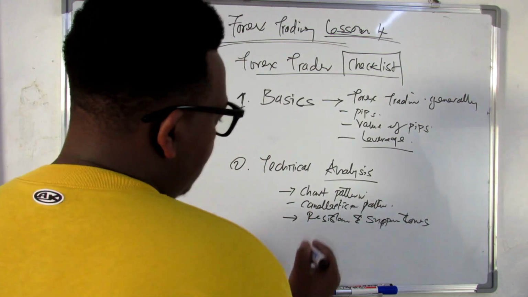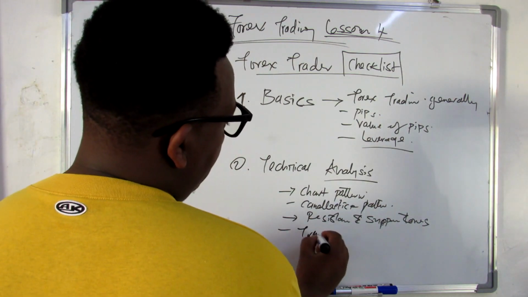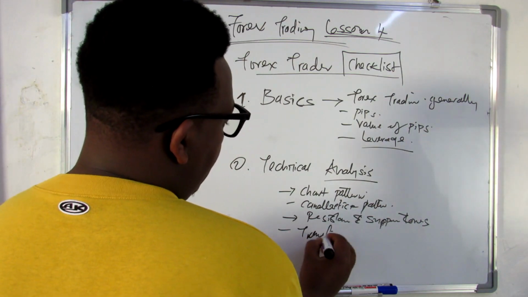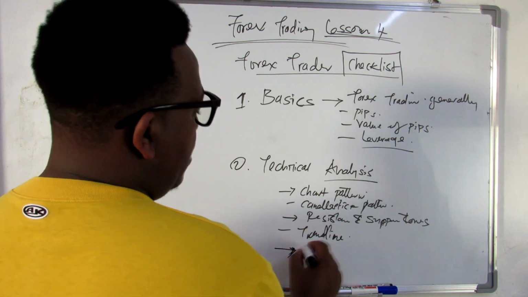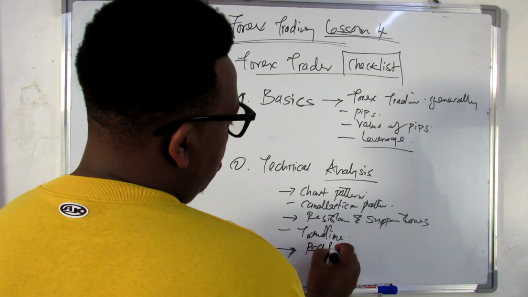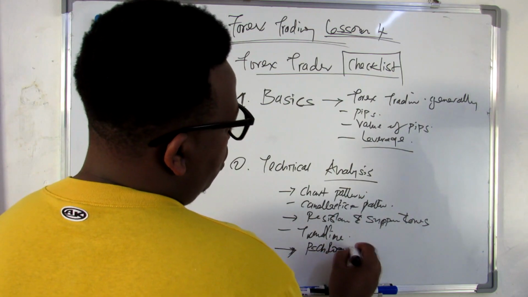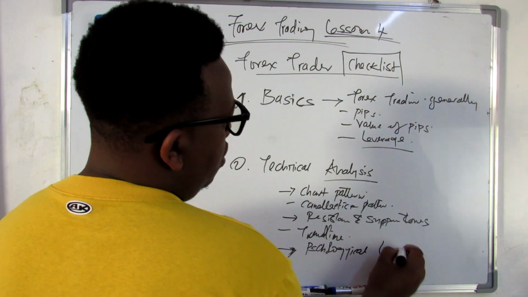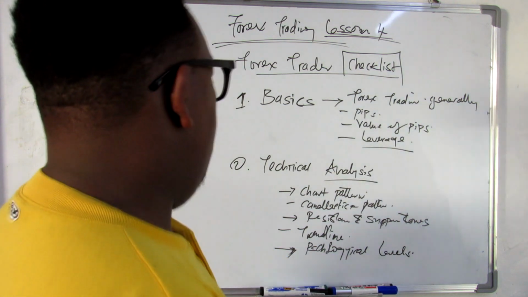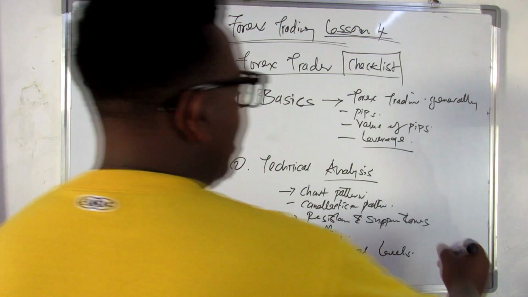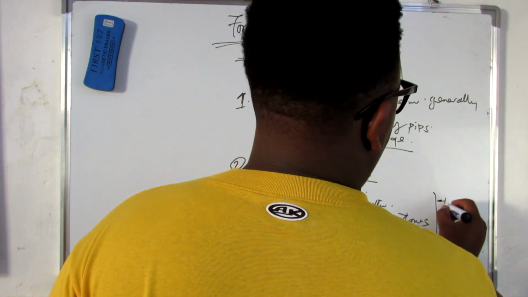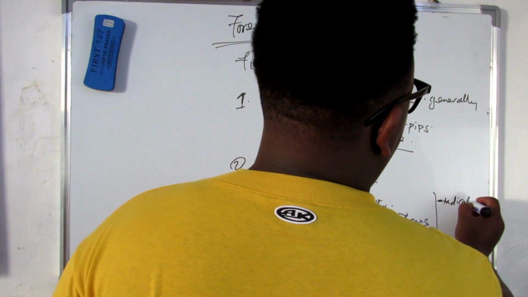We also have things such as trend lines and psychological levels. What else do we have? We have the candlestick. We also have indicators.